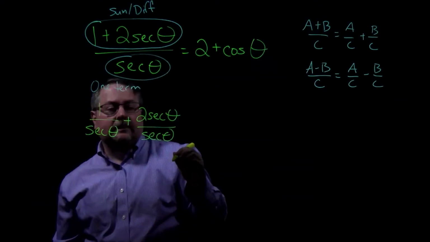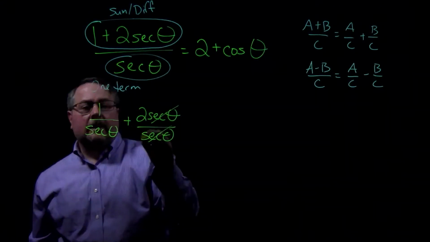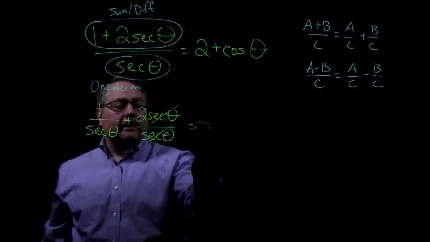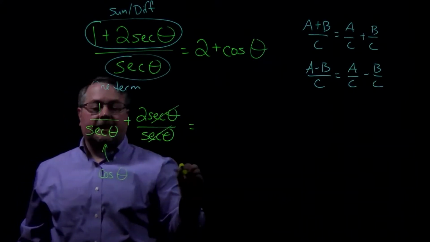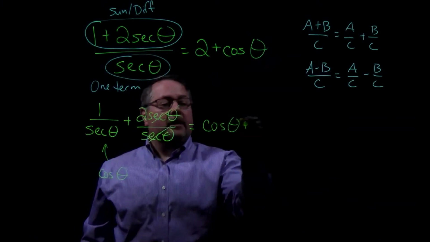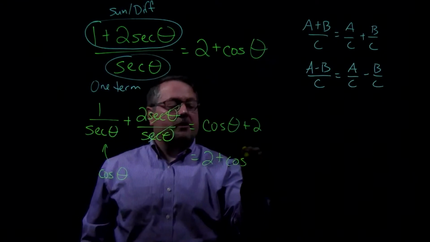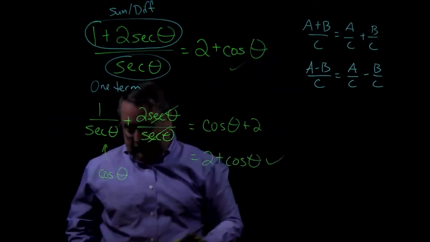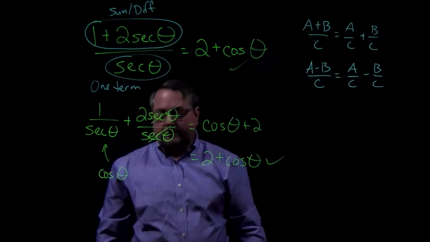We have secant theta over secant theta, which is 1, so that term is 2, and 1 over secant theta, using a reciprocal identity, is cosine theta. So this is cosine theta plus 2, which is the same thing indeed as 2 plus cosine theta. Okay, so indeed we've shown that the left-hand side equals the right-hand side.